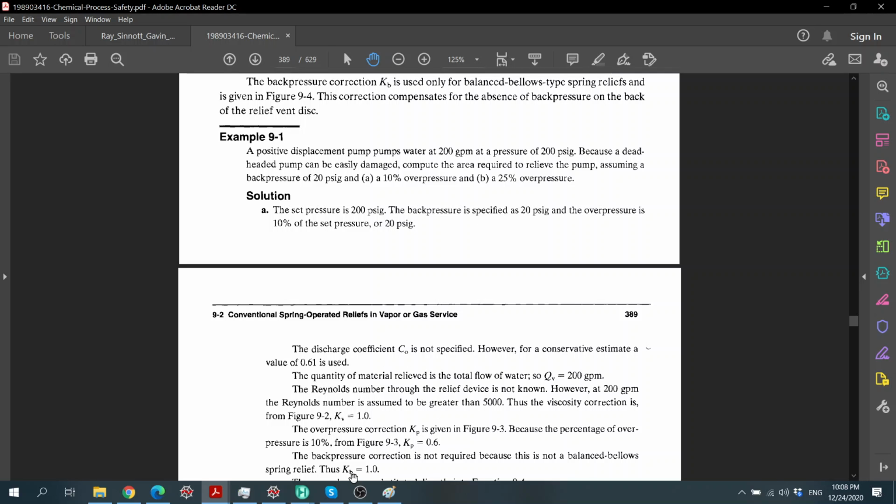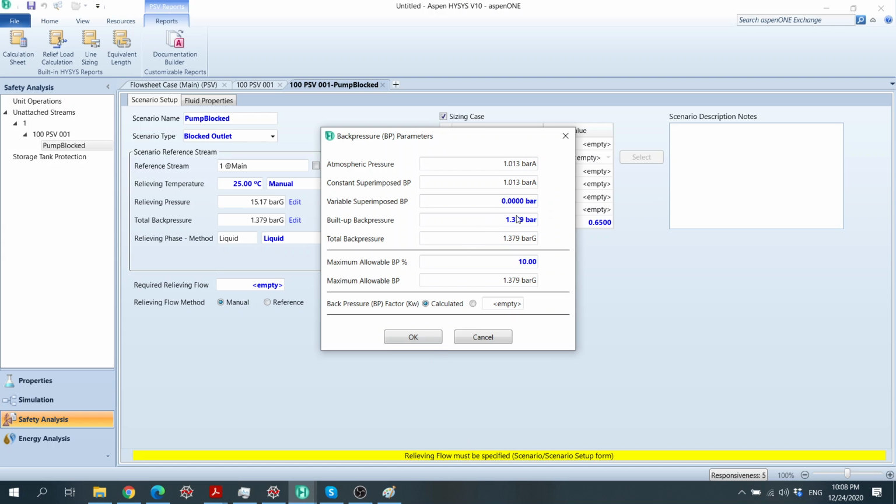Back pressure 20 psig, pressure build up, back pressure, sorry. 20 psi G, yeah, okay, it's G. It's all absolute basically.